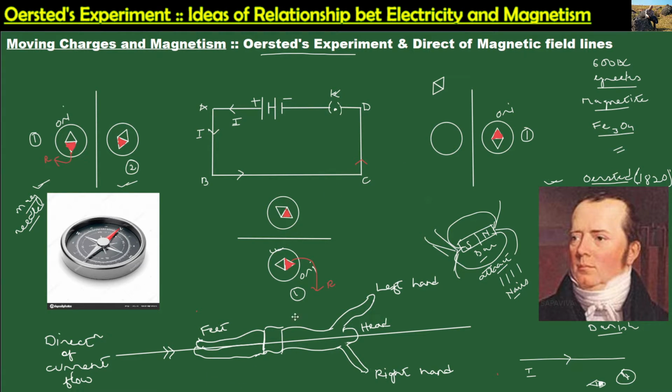Now, when you bring this magnetic compass and when there is current flowing across this arm or branch CD, then this magnetic needle again will show a certain deflection. Okay, it will show a certain deflection. That will be the position in which your magnetic compass will deflect.